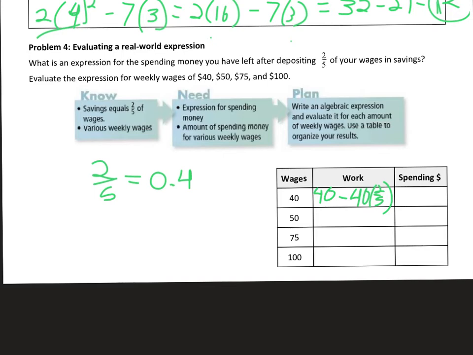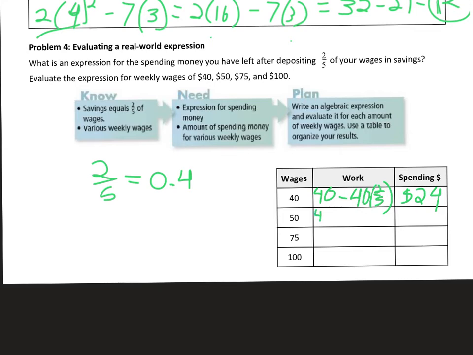So I would do 40 minus 40 times 0.4. I am depositing that money, and I want to know how much money I have left over for spending, okay? So 40 minus the amount I set aside for saving, I have, in that case, $24 left, okay?